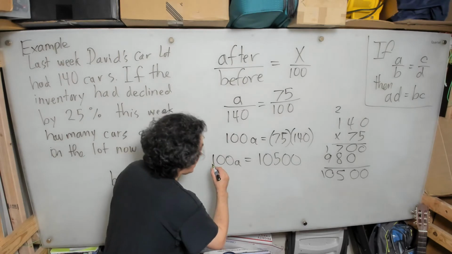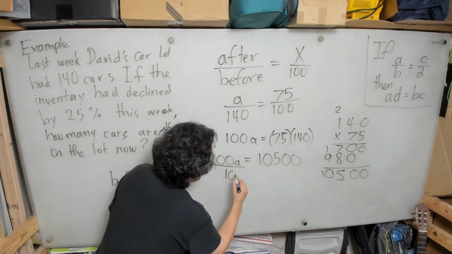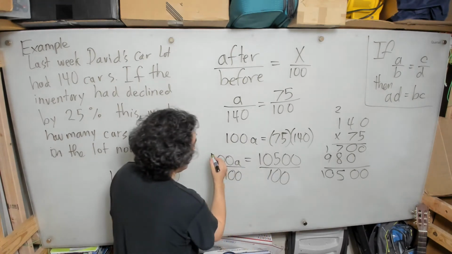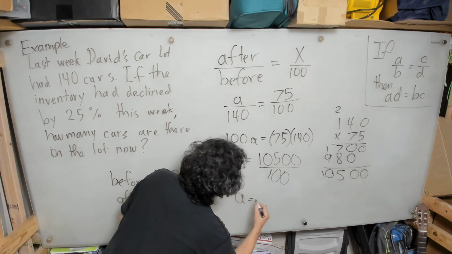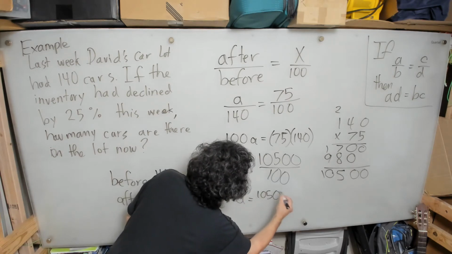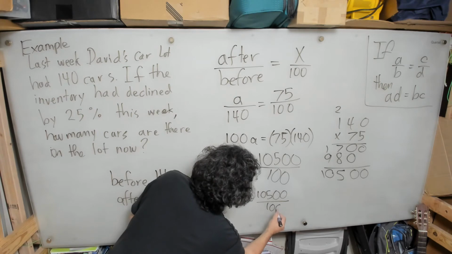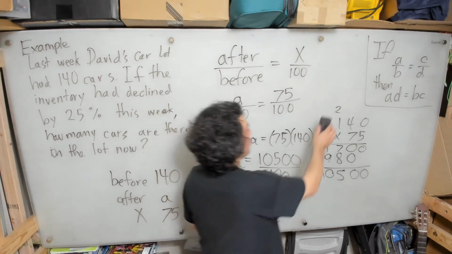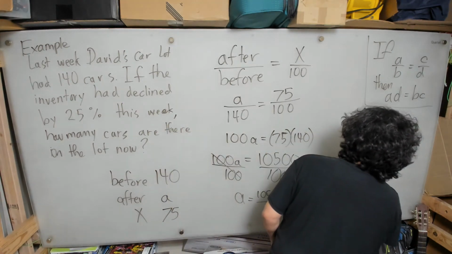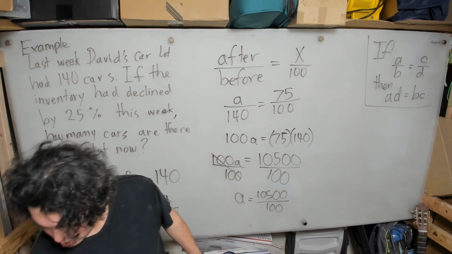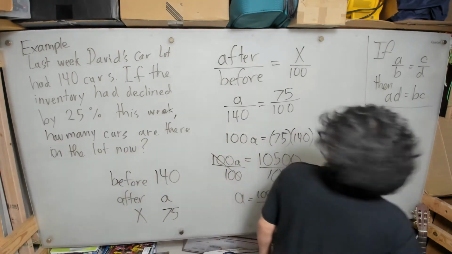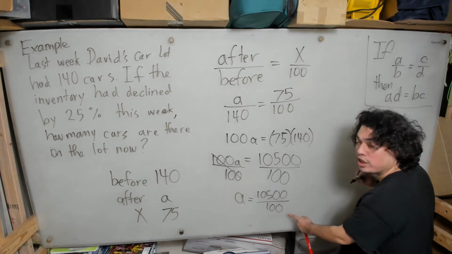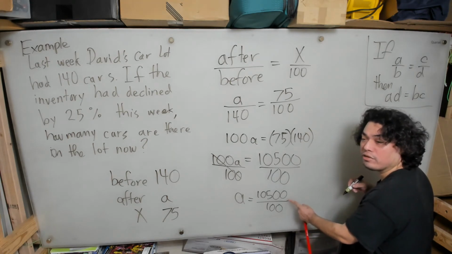So therefore, to get the A by itself, I'm going to divide the left-hand side by 100, and divide the right-hand side by 100. This is gone, and we get A equals 10,500 divided by 100. So let's look at that together. When we do division like this, the denominator goes on the outside of the house and the numerator goes on the inside.